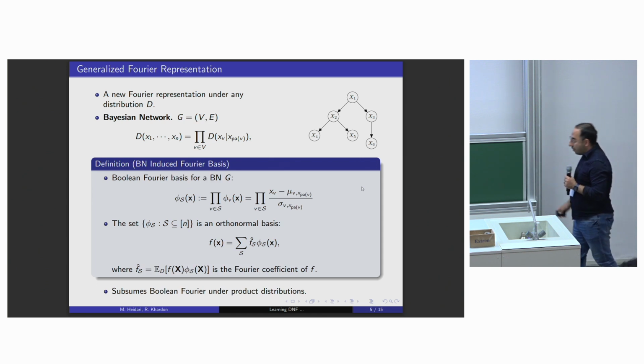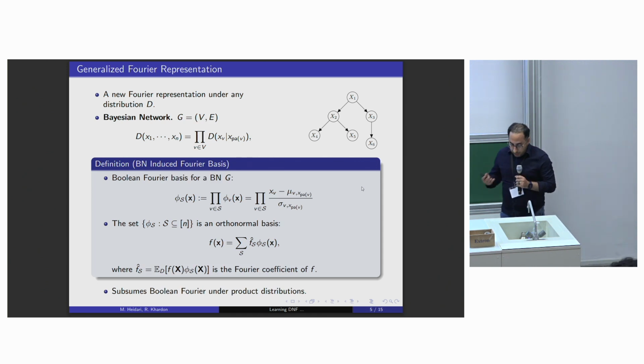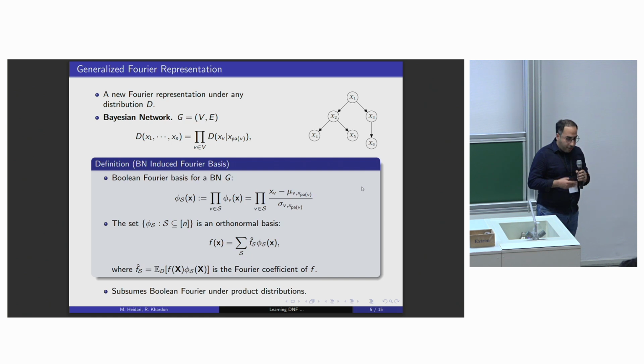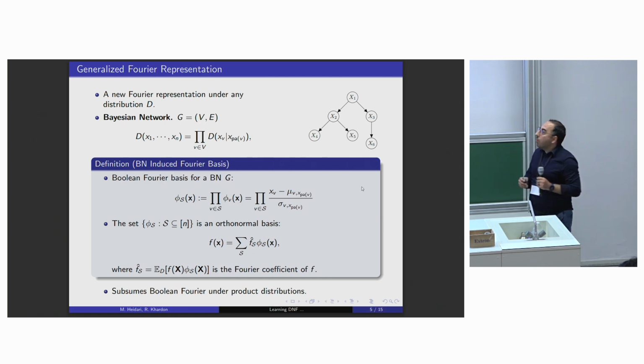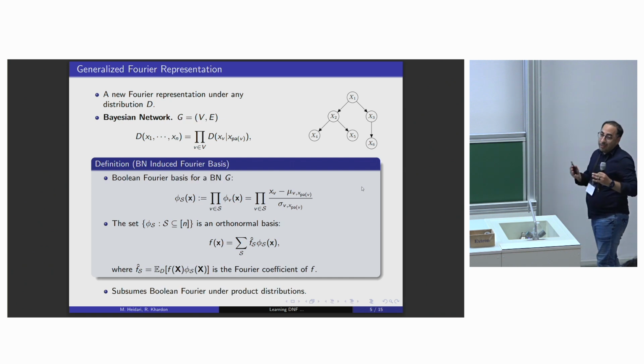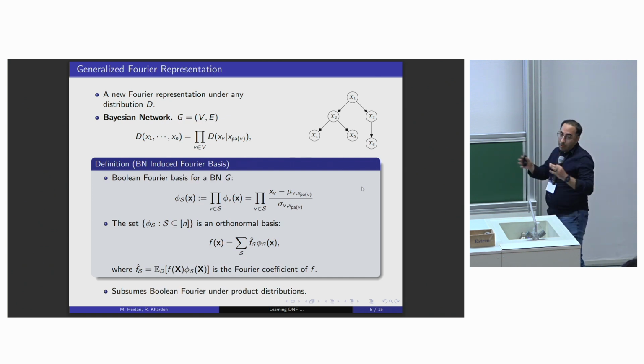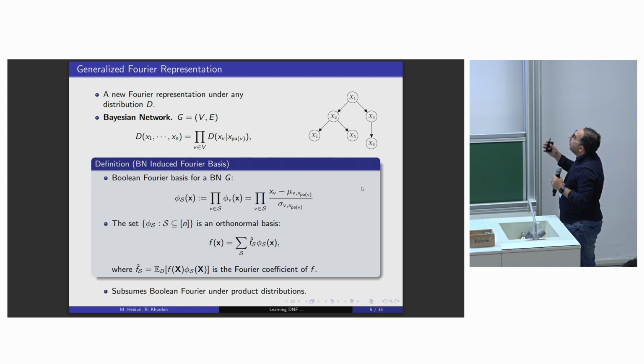Our first contribution is the development of a generalized Fourier expansion. The key concept here is a Bayesian network connection. A Bayesian network is a directed acyclic graph where the nodes are random variables, and we have the probability distributions that sit at each node.